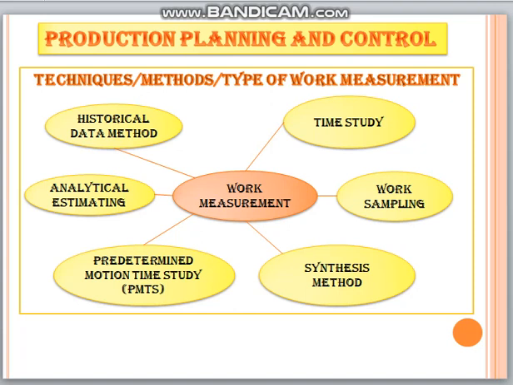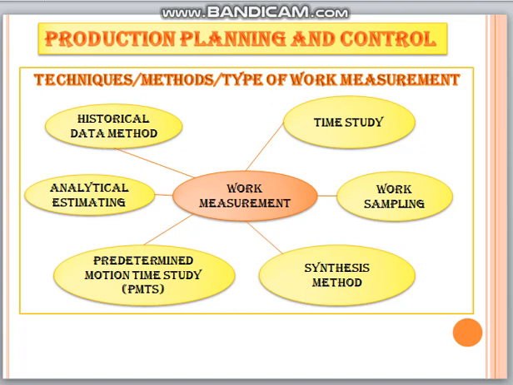The main advantage of using this historical method is it is simple, easy to understand, quick to estimate, and also easy to implement. So by comparing the data of previously done work, we set up some standards for the present work. That is the main work done in this historical data method.